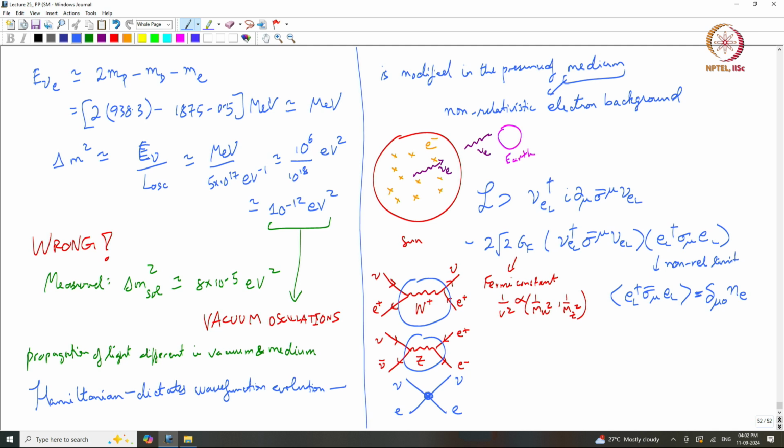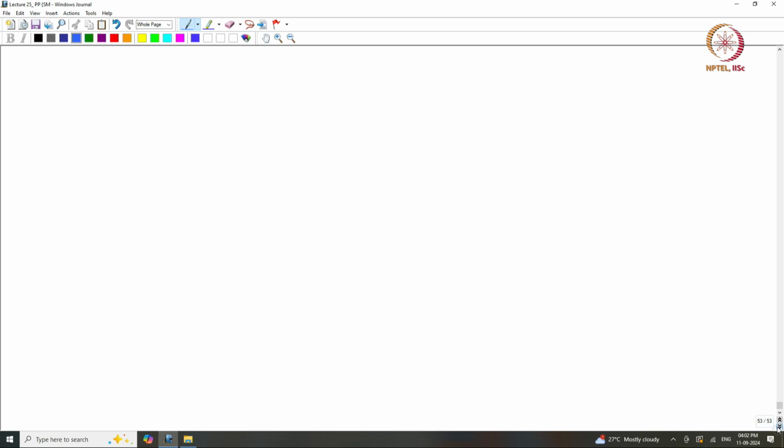And it turns out there is a factor of 2 also, where Ne is the average electron number density. Now, this I can put into my Hamiltonian. I can convert the Lagrangian to a Hamiltonian.